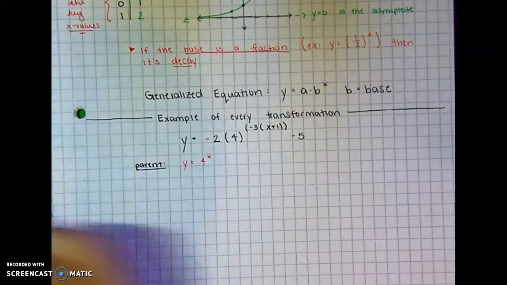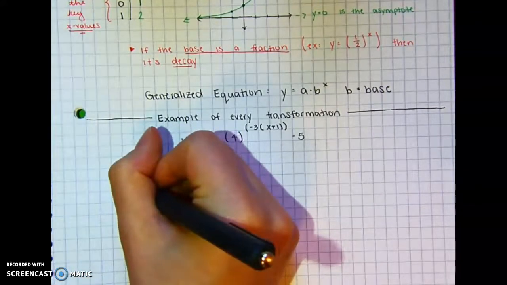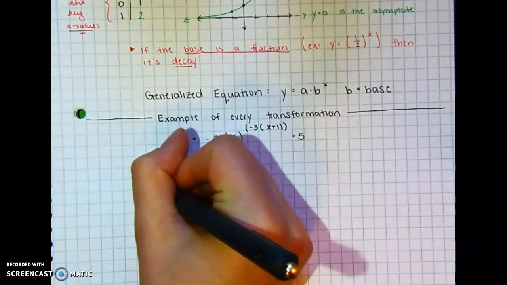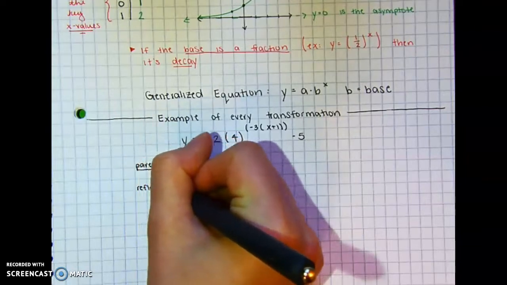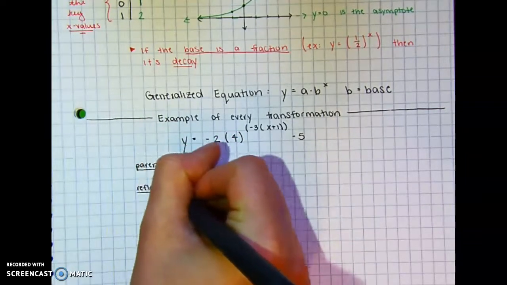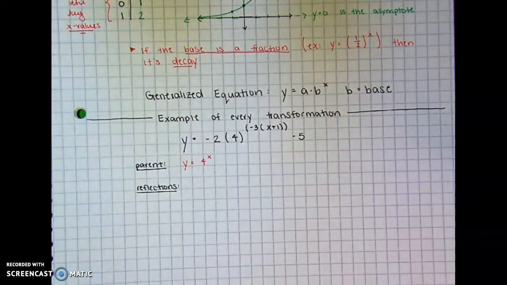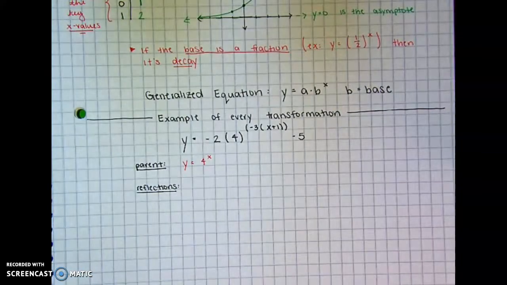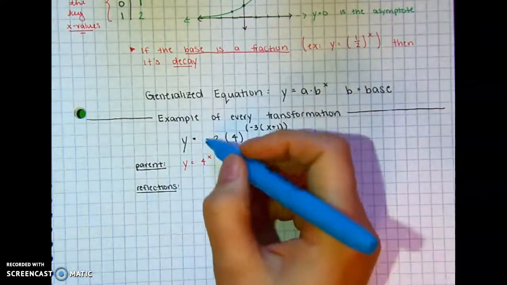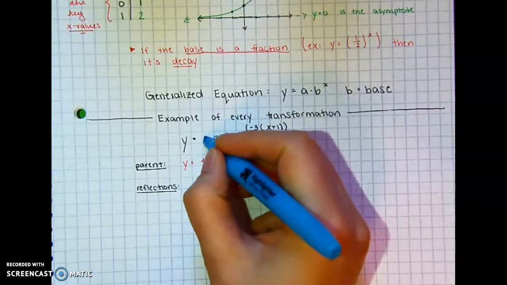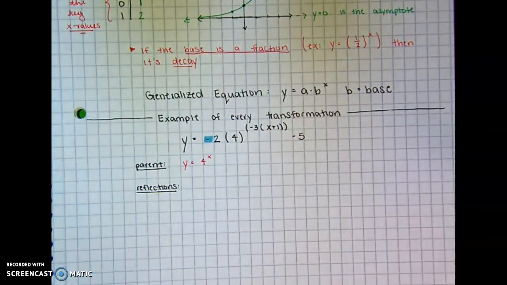Reflections. Okay, so this reflection, do some color coding. This negative, right, anytime you're multiplying by a negative, you'll have a reflection.